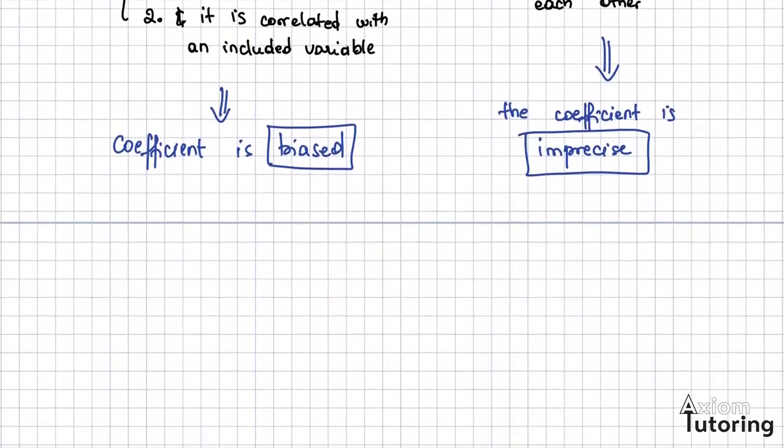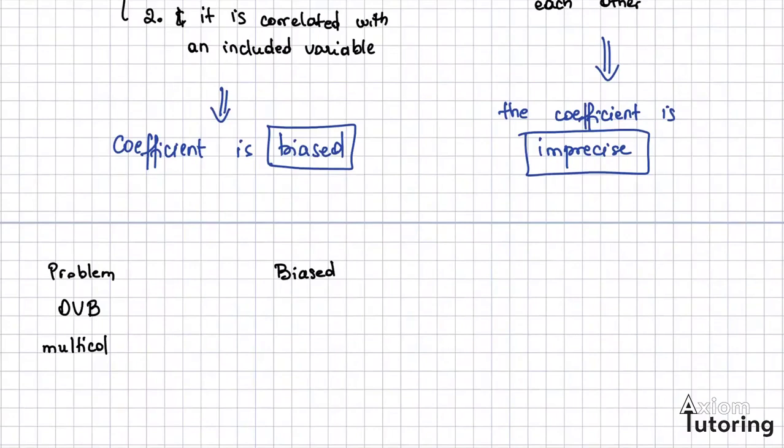So let's make a very quick summary of OVB and multicollinearity. Is the estimate unbiased?